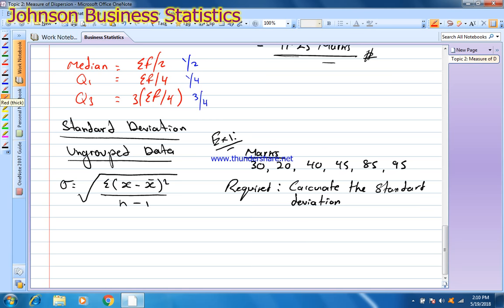Now standard deviation is to calculate the risk of the investment. Basically, standard deviation will be used for investment most of the times, but it's also used for the other factors, so variables in other words. But the important thing is to calculate the risk of the variables.